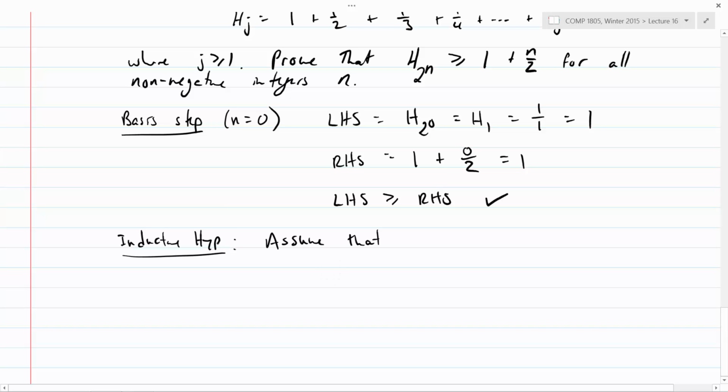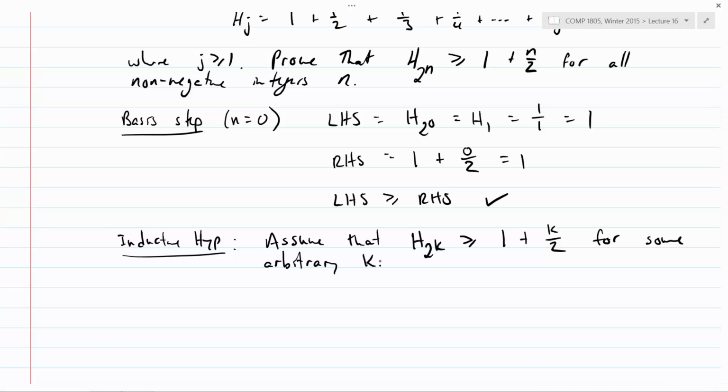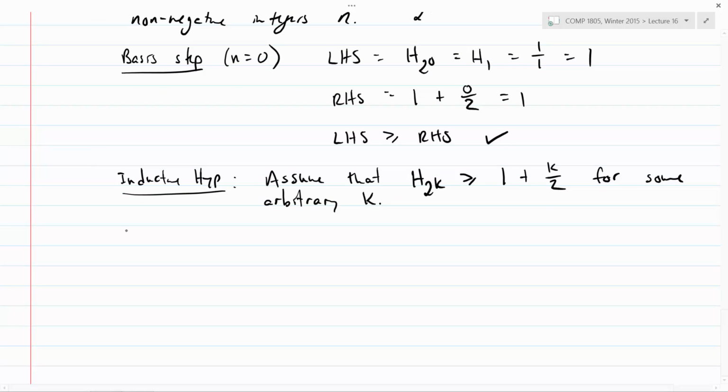We assume that H of 2 to the k is greater than or equal to 1 plus k over 2 for some arbitrary k. Now, to be fully correct, you would say some arbitrary non-negative integer k, but it's clear from context that that's what k is. Okay, so that's our inductive hypothesis. And the next thing we do is the inductive step.